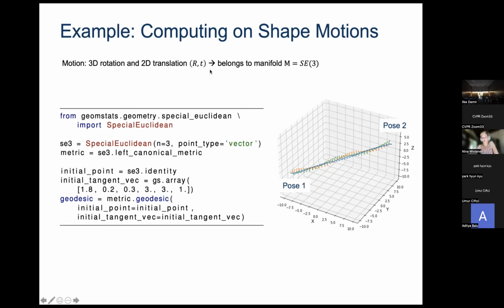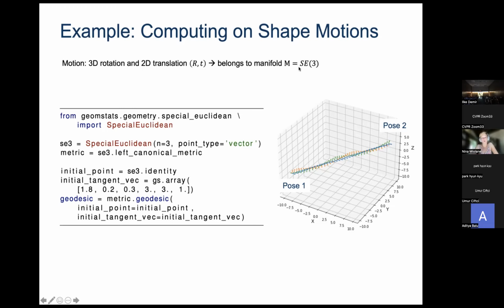So when we compute with rotations and translations, as we do with motions, and by the way, it should be 3D translation, not 2D translation, we are computing with elements that belong to a manifold. In that case, the manifold is M equal SE3, and that stands for Special Euclidean Group in 3 dimensions.